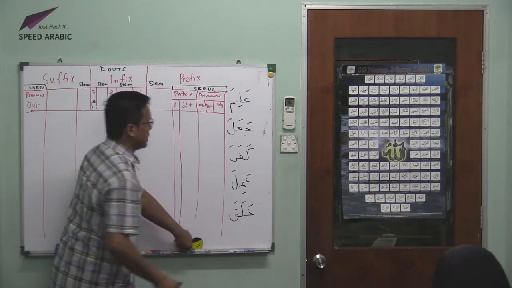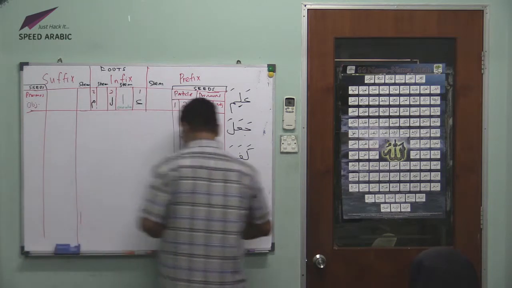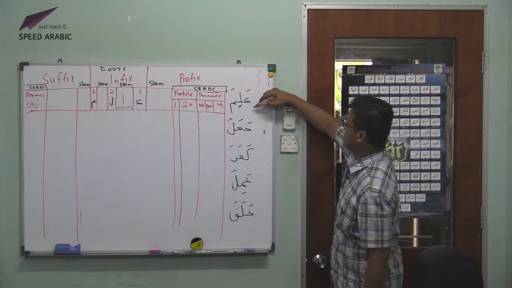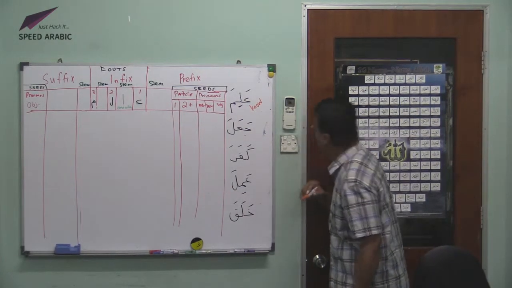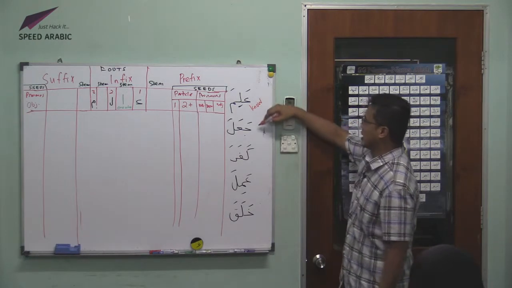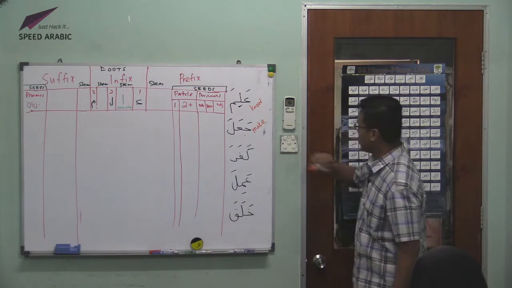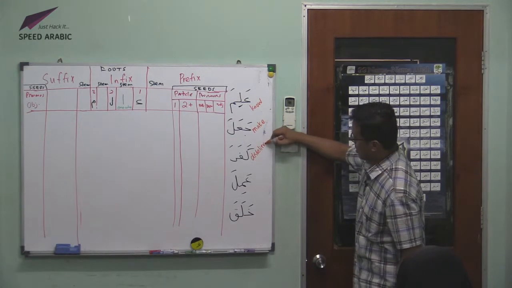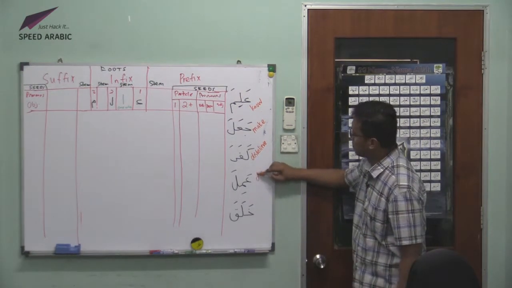So if I say, okay, let's give the meanings here first. What's the meaning of alima? To know. Ja'ala, make. Kafara, disbelief. Amila, do.